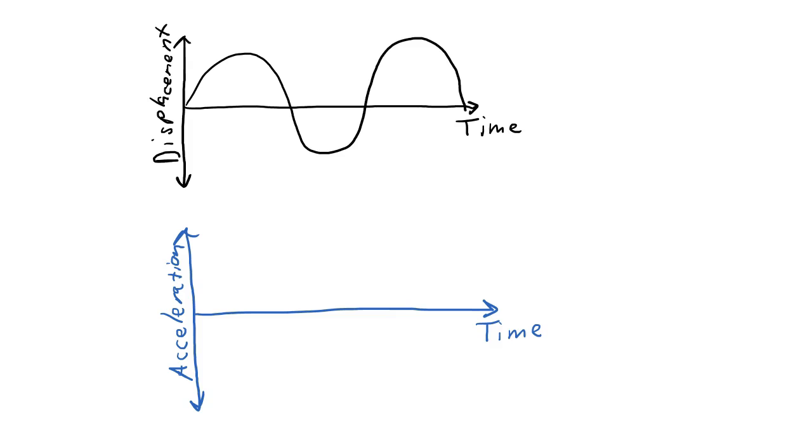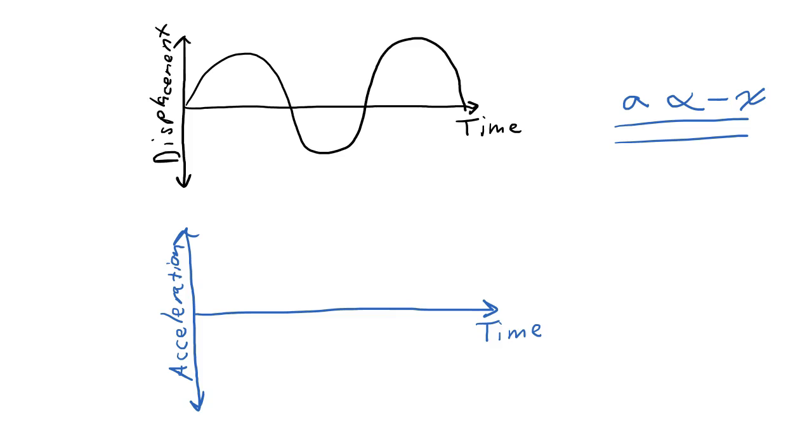I'm going to use the definition of simple harmonic motion, which we discussed in the earlier videos. We said that acceleration is proportional to negative displacement. So this is going to tell us how we can draw our graph. Whatever the displacement is, this equation tells me that the acceleration is going to be opposite and proportional.